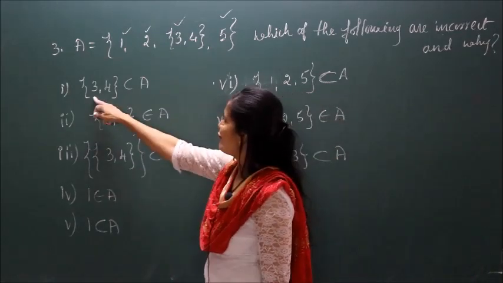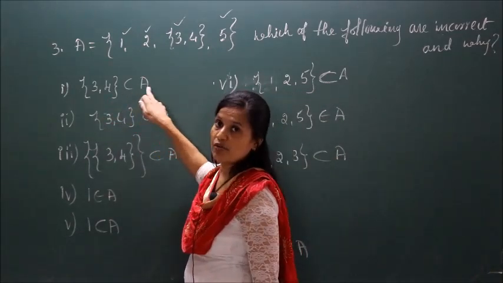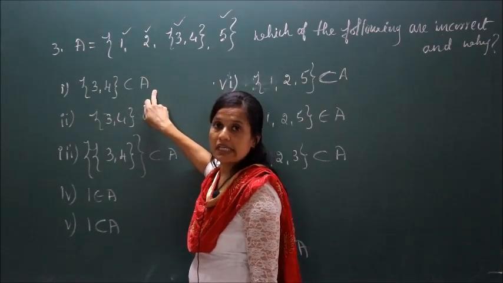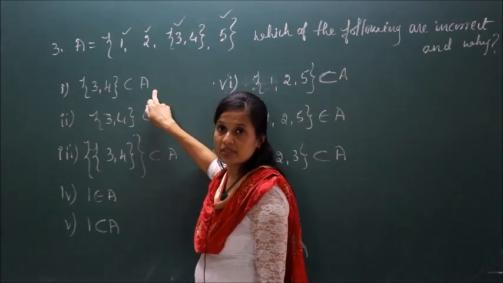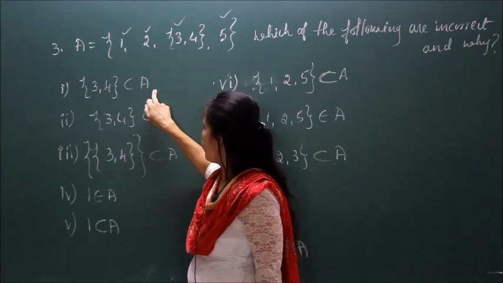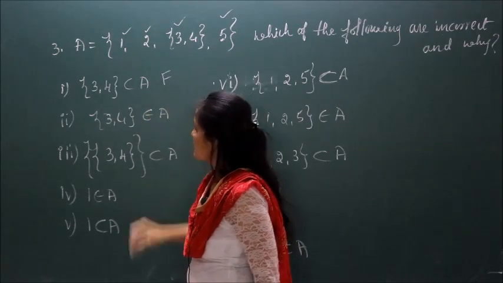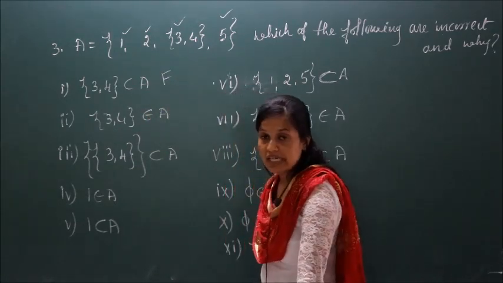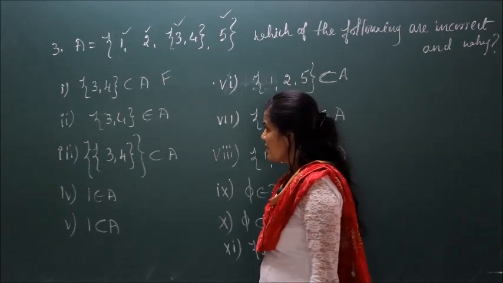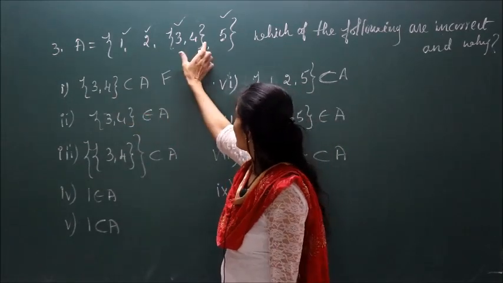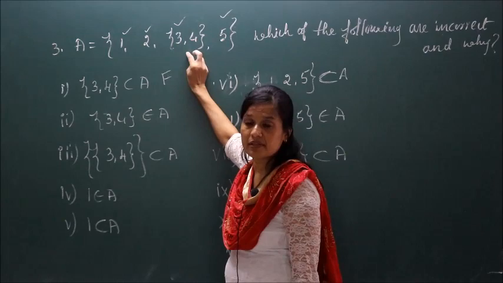Say {3, 4} is the subset of A. Is this a correct statement? No, it's a false statement, an incorrect statement. Why is it incorrect? See, this {3, 4}, as I said, it is an element.